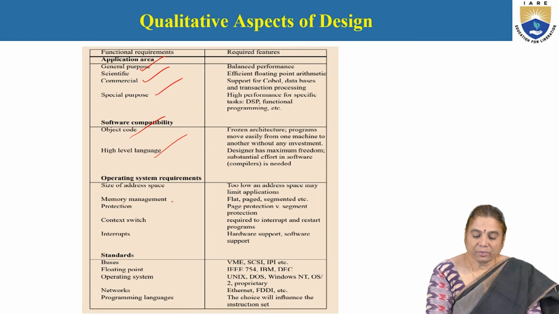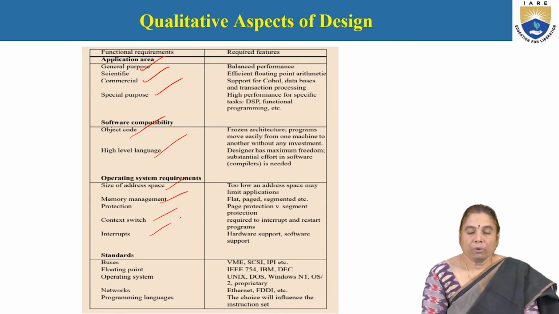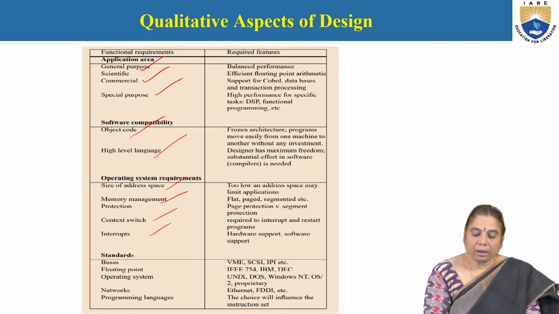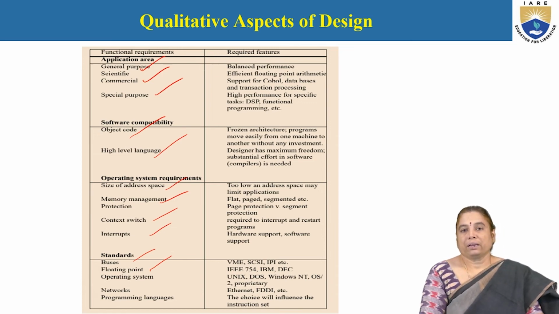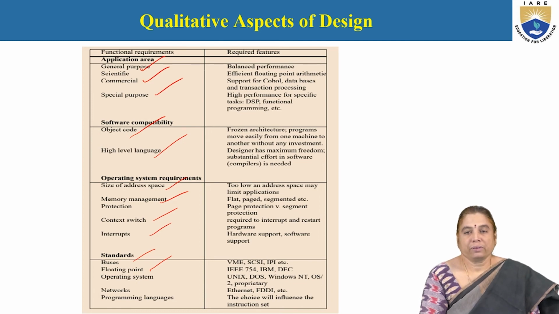The operating system features to consider are size of address space, memory management, context switching, and interrupts, how the interrupts can be handled. The standards are how buses can be considered, how many buses there are, either single bus or multiple bus, how floating points can be represented, networking and how networking issues can be addressed. These are the important aspects of the design.